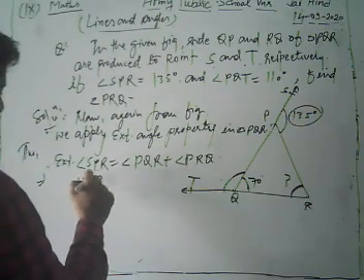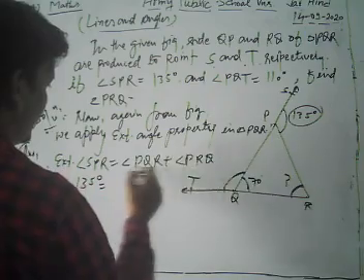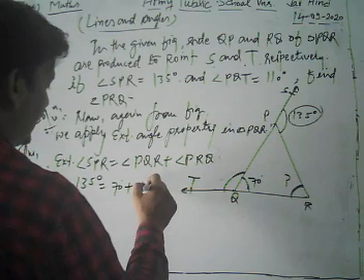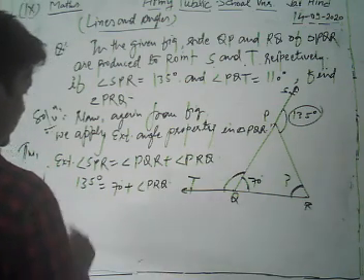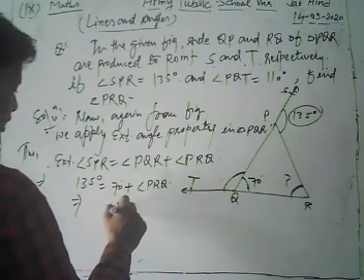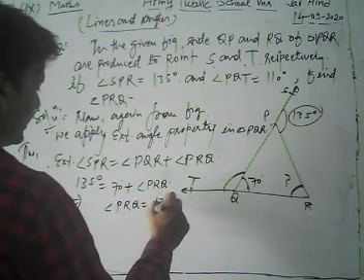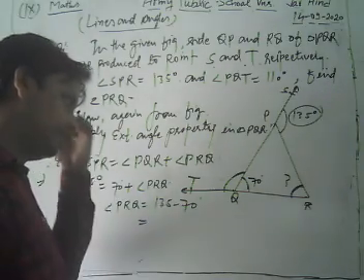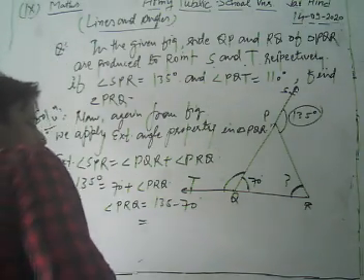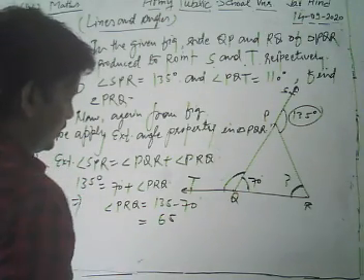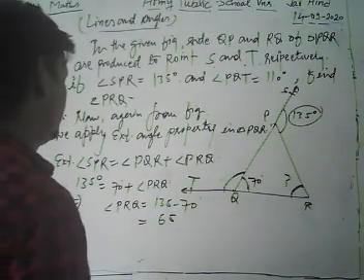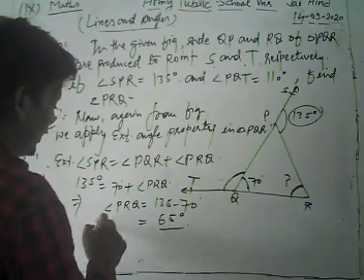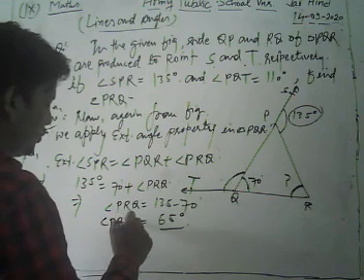So we put 135 is equal to angle PQR, which is 70 degrees, plus angle PRQ. Now we get angle PRQ is equal to 135 minus 70 degrees. Now let's subtract them, we get 65 degrees. In this way we get the value of angle PRQ as 65.